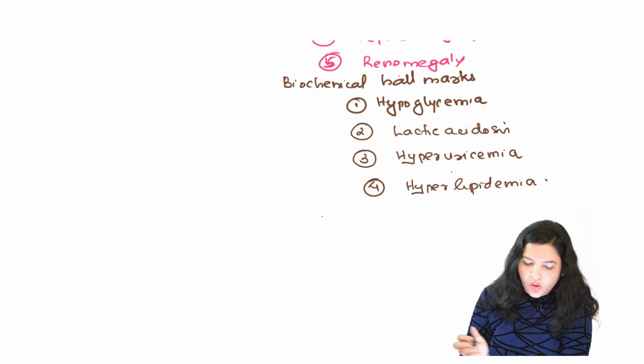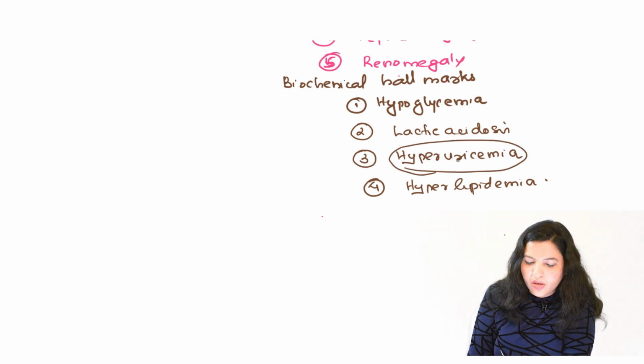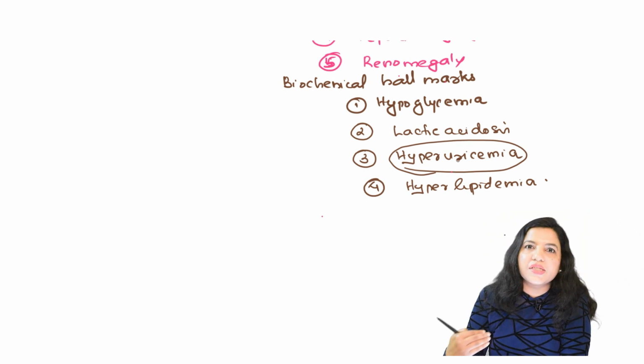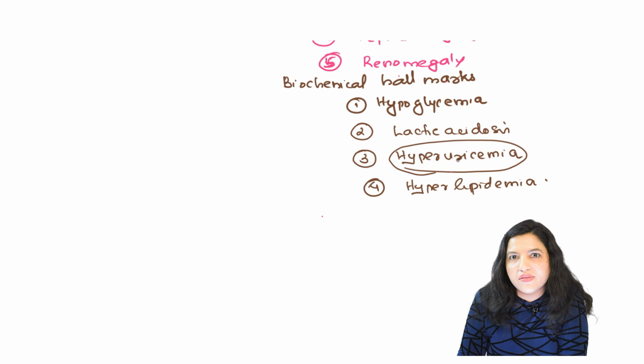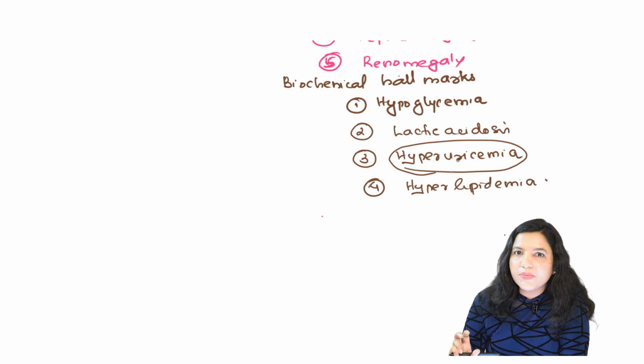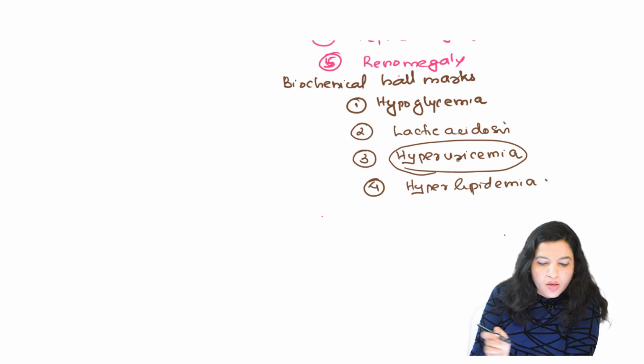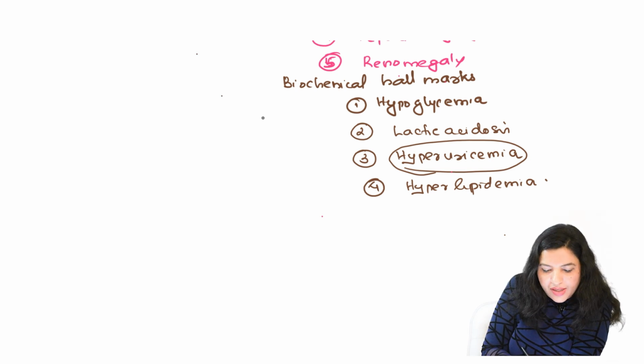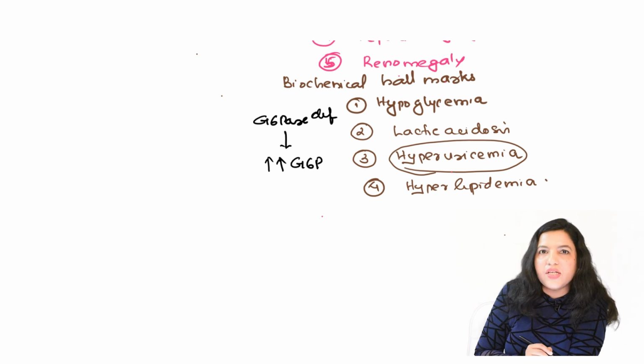So if I am considering all these things, you can see here in the options there was one option called hyperuricemia. I don't want to describe all the biochemical hallmarks in this small video, but I will be describing hyperuricemia. Why is there hyperuricemia here? Because the enzyme that is deficient here is glucose 6-phosphatase. So as a result, there is accumulation of glucose 6-phosphate.